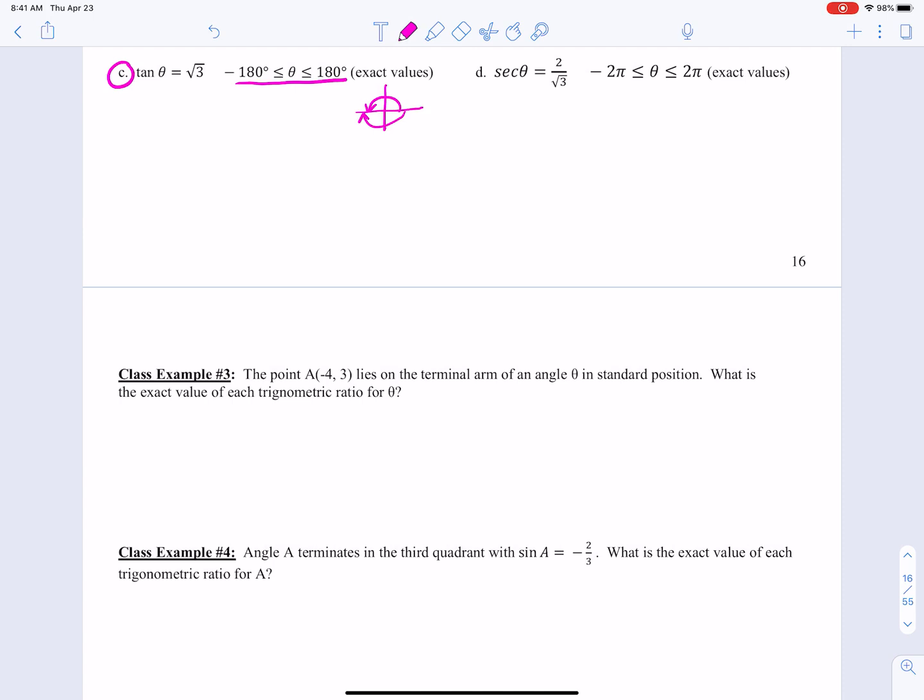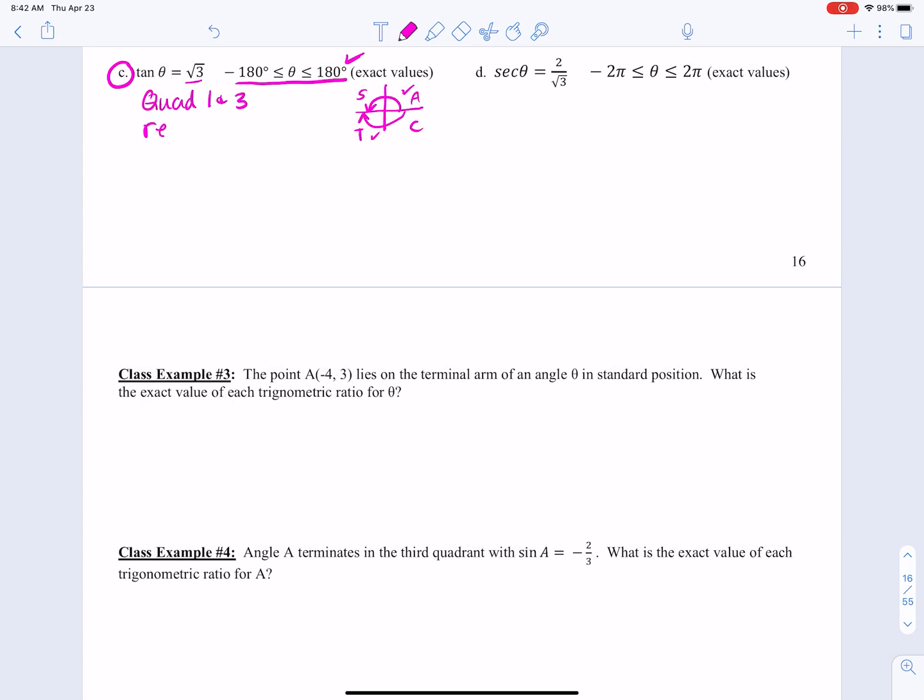So I have tan theta is equal to square root of 3. Well, if I use the CAST rule, I know that tan is positive because that ratio is positive in quadrant 1 and 3. So I'm going to start there. And then we're going to make sure we have our calculator in degree mode.